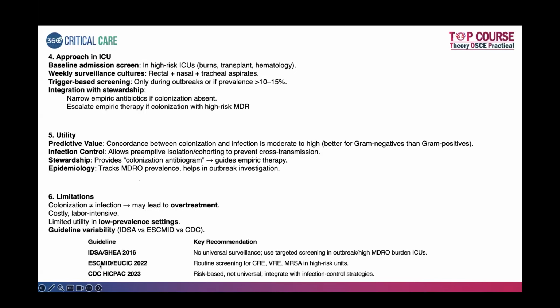With regard to ESCMID 2022, no routine screening for CRE, VRE, or MRSA is advised in high risk units. And with regard to CDC in 2023, it is risk based, not universal. You need to integrate it with infection control strategies. So these are the current recommendations in relation to surveillance cultures.